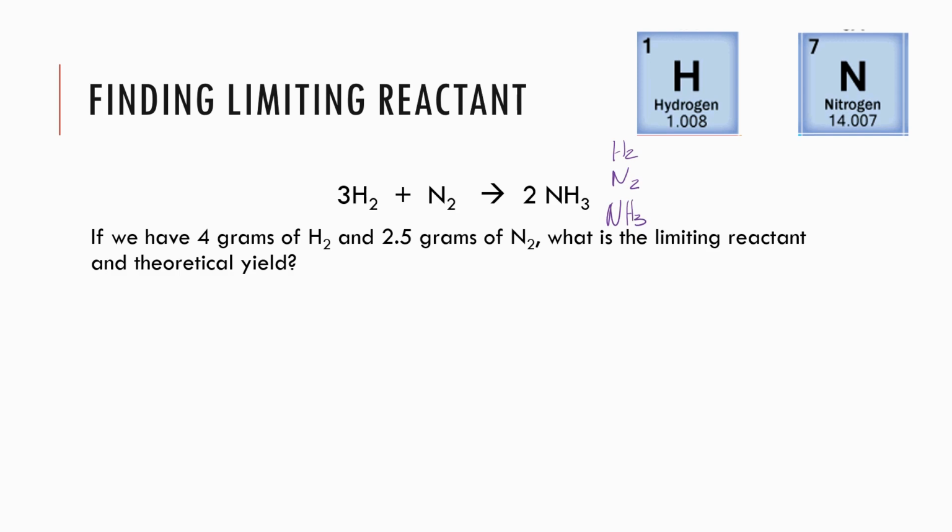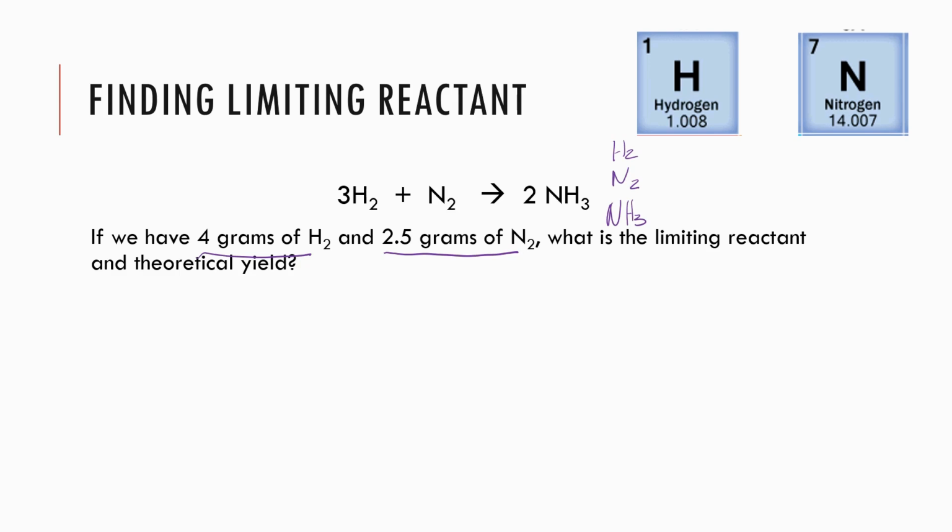The reason for this is because we are going to convert the 4 grams of H2 right here and the 2.5 grams of N2 right here to grams of NH3, which is ammonia, our product, and we're going to see which one creates the least amount of the product. That will be our limiting reactant, and that will tell us our theoretical yield.